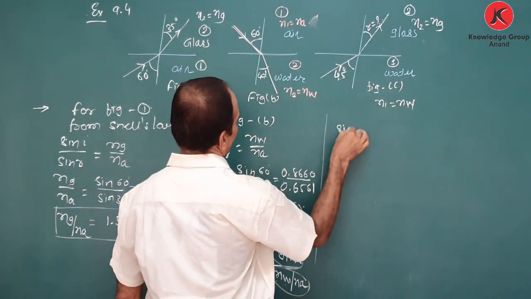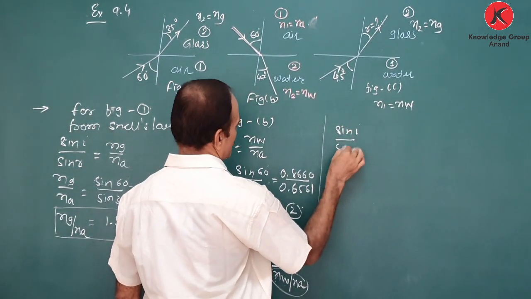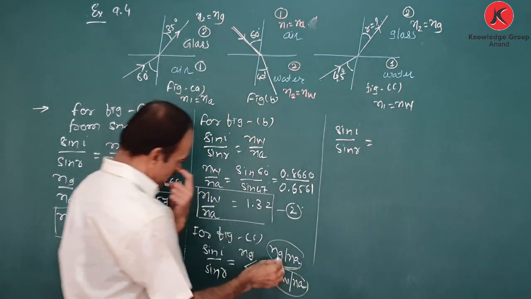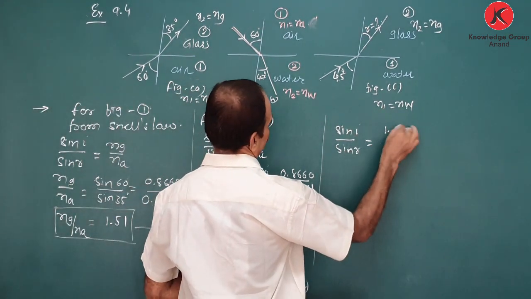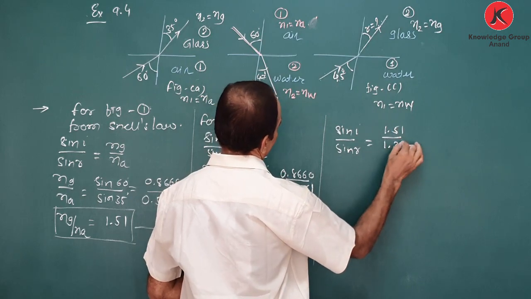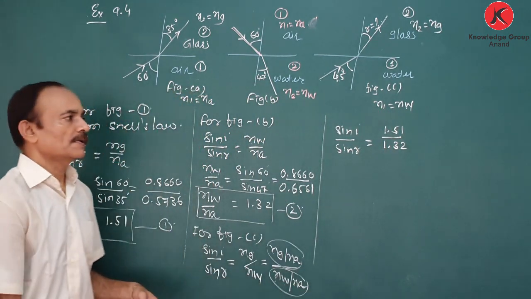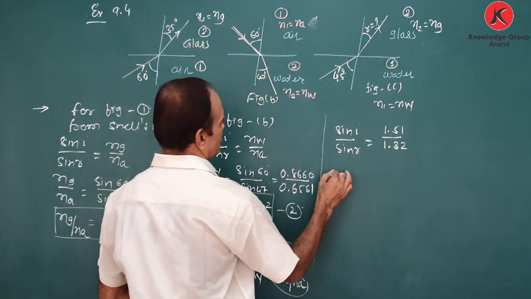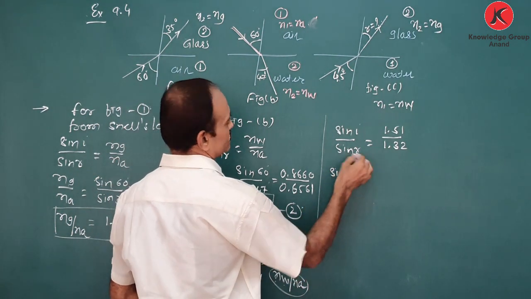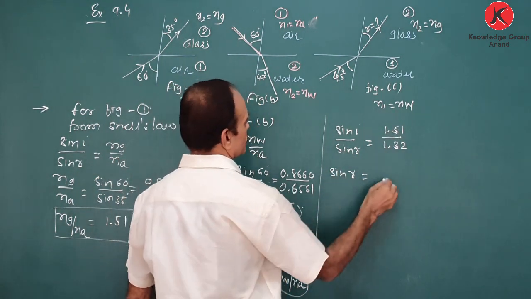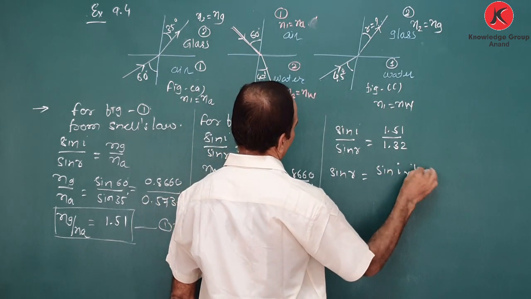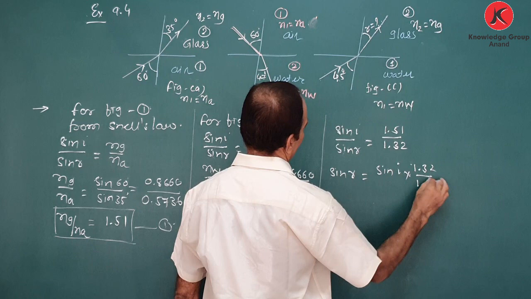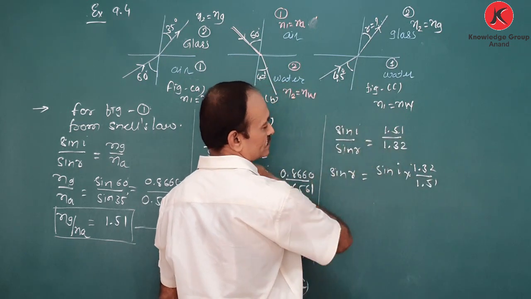Therefore, sin i upon sin r is equal to ng upon na, 1.51, over nw upon na, 1.32. What we require is sin r is equal to sin i into 1.32 upon 1.51.